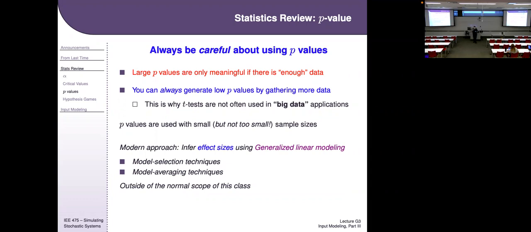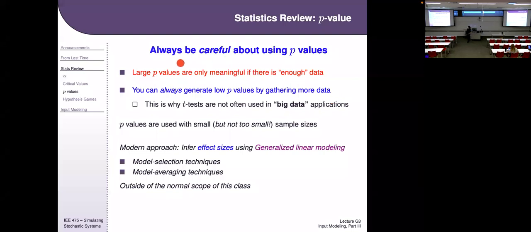Because eventually, if you had enough data, all hypothesis tests will reject your hypothesis. So large p-values are only meaningful if there's enough data, and you can always generate low p-values by gathering more data. If I had 1 million samples and a p-value of 0.8, then that null hypothesis is almost definitely true, because I've got so much opportunity to detect a deviation from the null and I haven't.